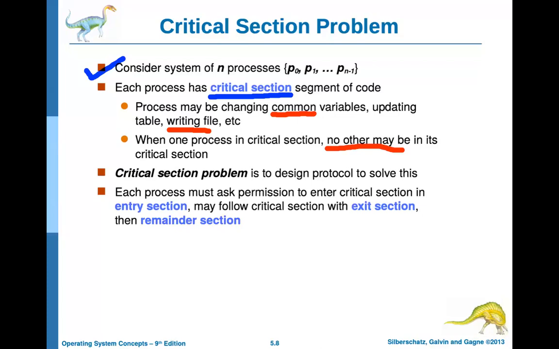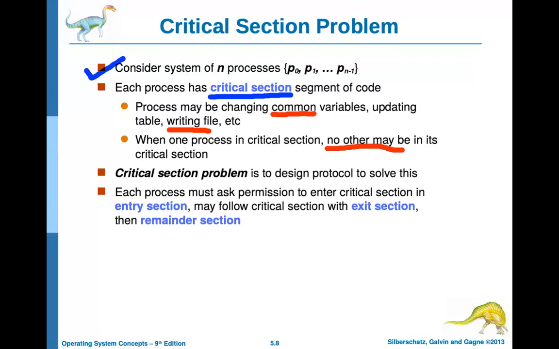And the solution is something like, before using the shared resource, a process must ask for permission. So this is typically called an entry section, where before actually entering into the critical section, you ask for the permission. If nobody is there, yes, permission will be granted to you.